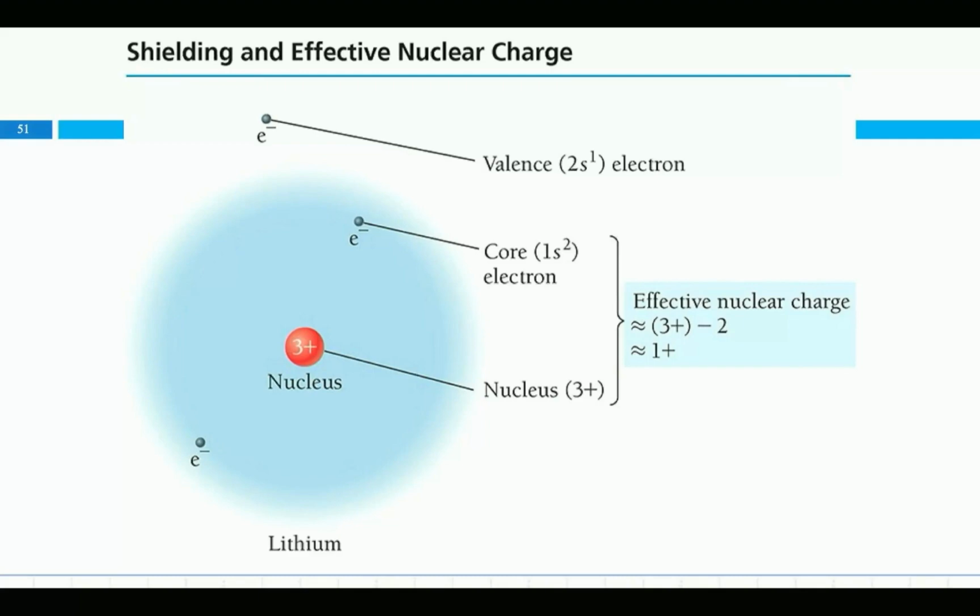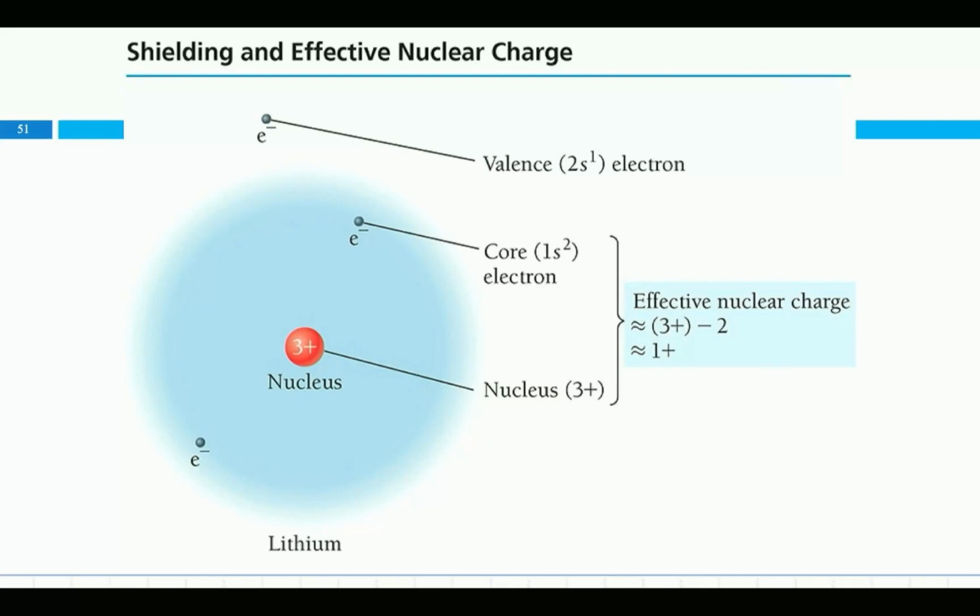And not only is it farther away, but these electrons that are inside are blocking the nucleus from that outer electron. So if it helps, you can think of the nucleus as like a campfire, bonfire. If there's people standing between you and the fire, you're not going to feel as much of the heat. Kind of works like that.